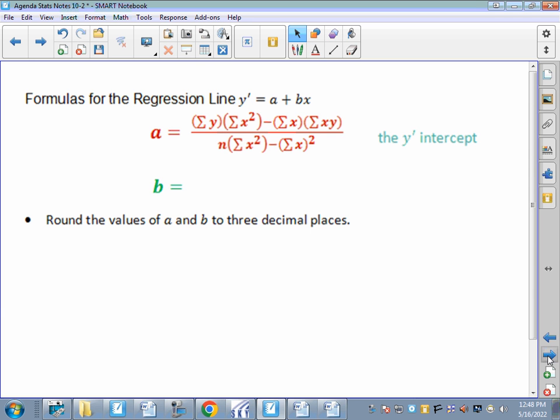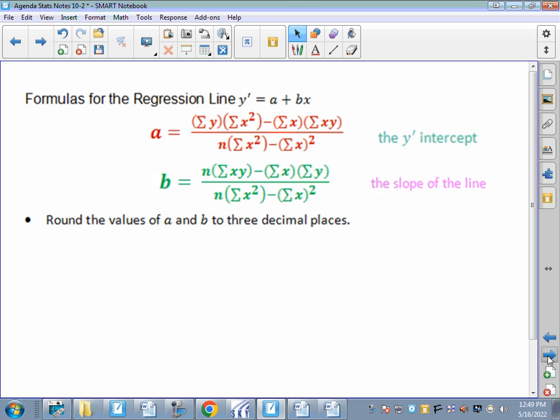Our b value, which is the coefficient of the x term, which we all know, right, is our rate of change or our slope. Our b value is n times the sum of our x times y's, minus the sum of our x's times the sum of our y's, all over the identical denominator as our a value, or our y-intercept: n times the sum of x squared minus the sum of x, squared.